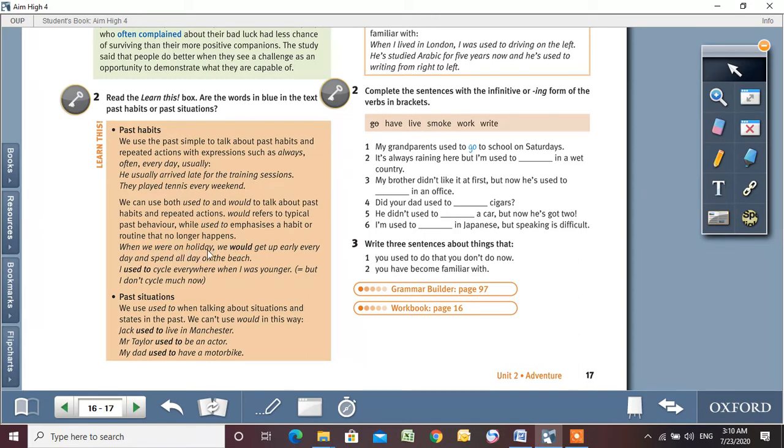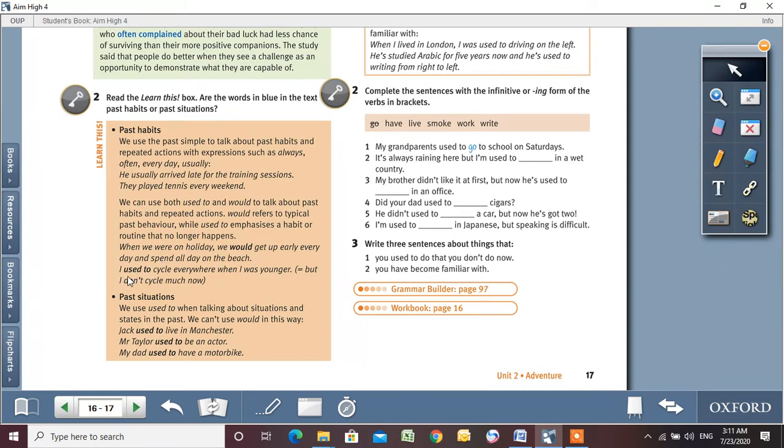When we were on holidays, we would get up early every day and spend all day on the beach. See here, I used would plus verb in the infinitive to talk about a story or a habit that happened in the past, and I was like telling a story to someone.